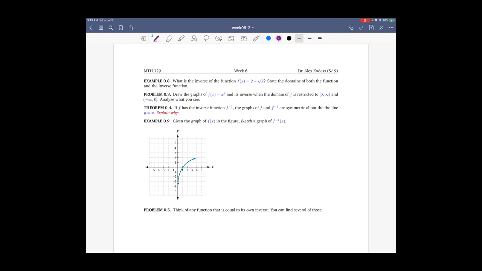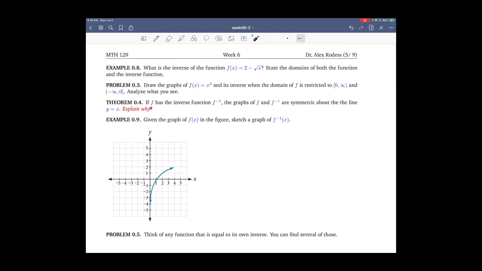An interesting property of the graphs of a function and its inverse is that the two graphs must necessarily be symmetric about the line y equals x. What does that even mean? Symmetric about the line y equals x.